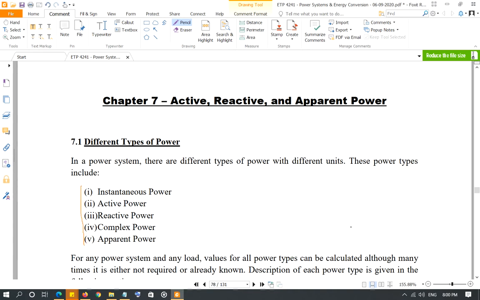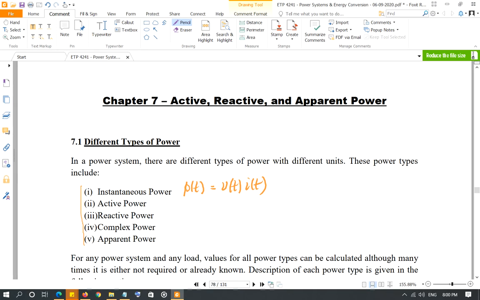So you have instantaneous power, that is power at any instant of time, and this is simply the product of the voltage, time value, and the current, again function of time.